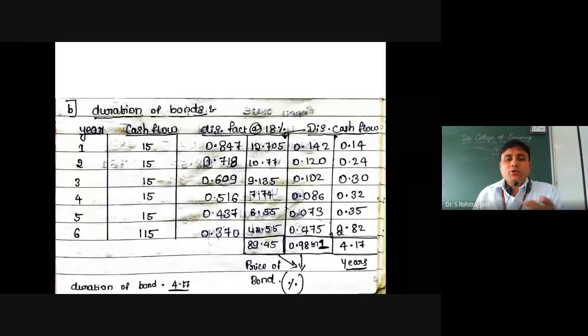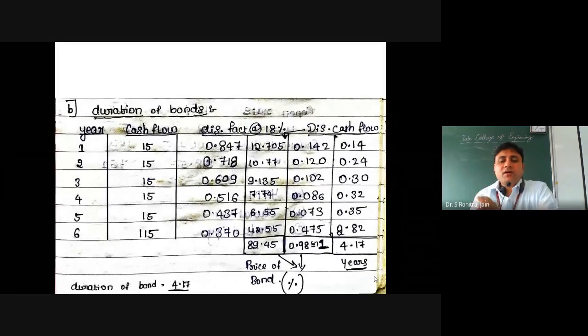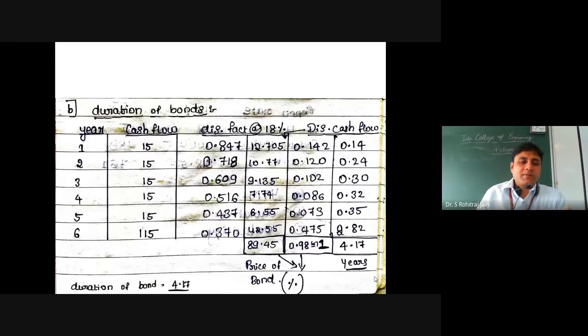Similarly, for year 2, 0.12 multiplied by 2. For year 3, 0.102 multiplied by 3. For year 4, 0.086 multiplied by 4. For year 5, 0.073 multiplied by 5. For year 6, 0.475 multiplied by 6.